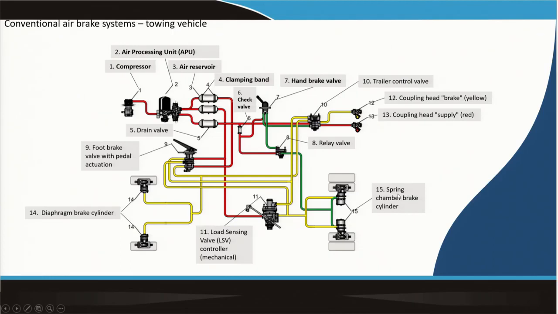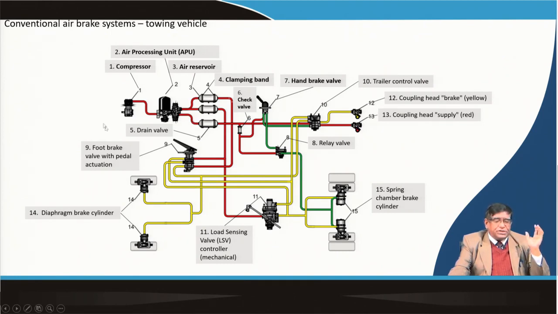Similarly, in conventional brake systems, now you look into how the circuit works. Say for example, you have got this foot brake. When you apply this foot brake with a pedal actuation, you can see how the pressurized fluid is working over here. The yellow line is your brake line, and the air compressor's compressed air is kept over here.